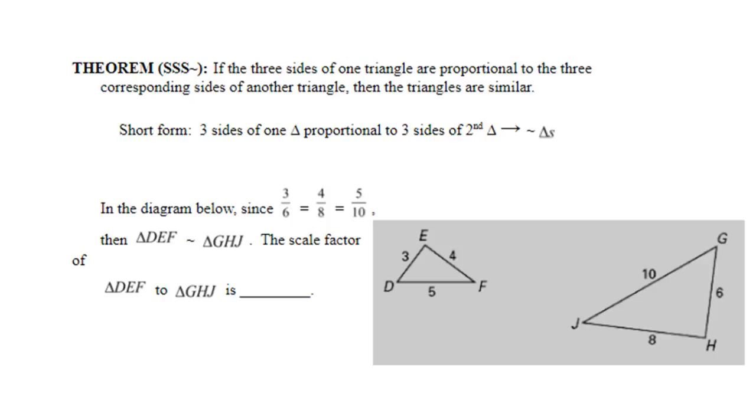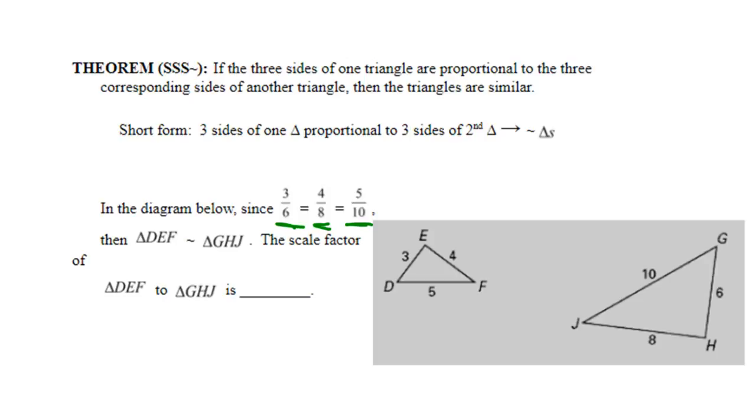If we look here, we have DEF, which is a 3, 4, 5 triangle, and we have JGH, which is a 6, 8, 10 triangle. If we set those proportions up, we would have 3 over 6, 4 over 8, 5 over 10. Each of those simplified down to be 1/2.